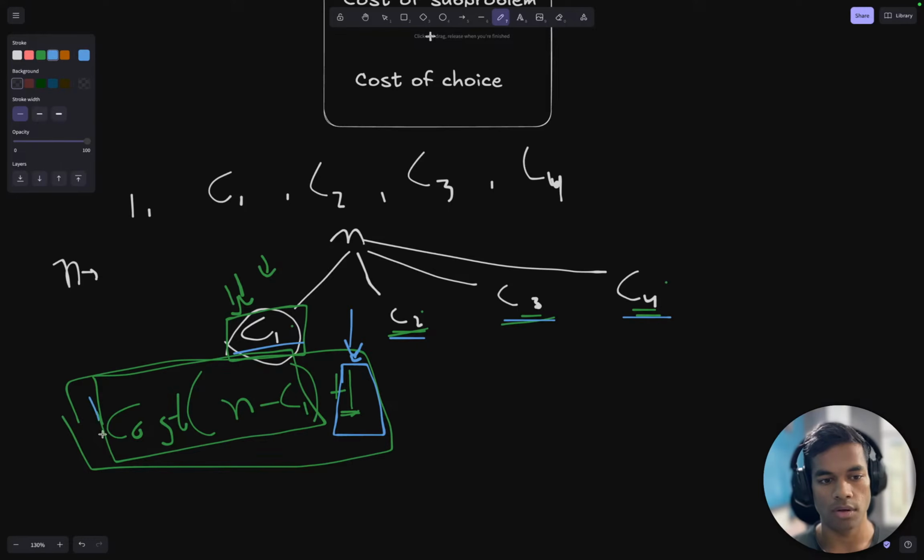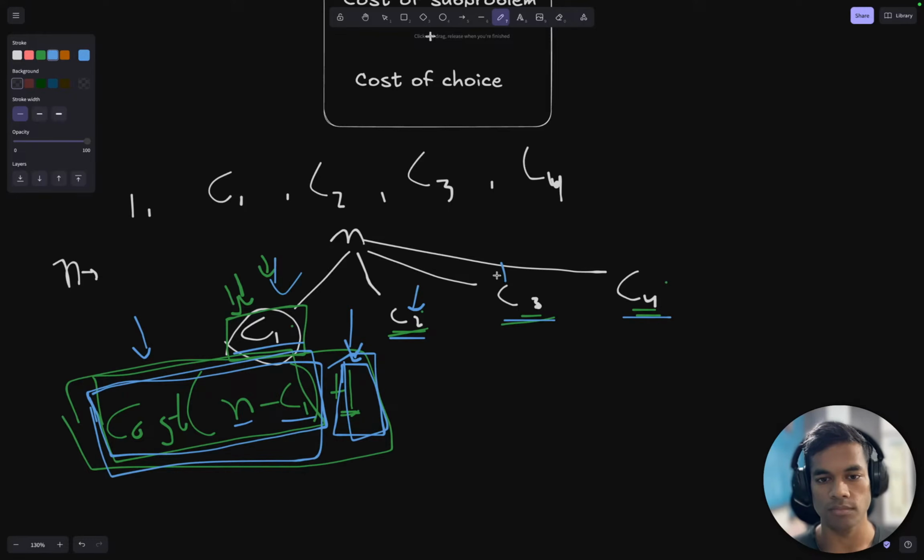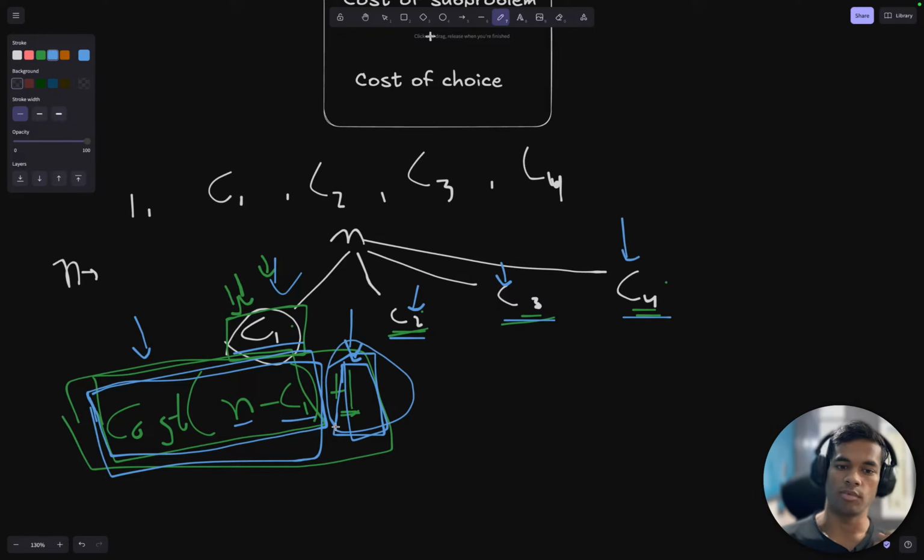So the number of coins to get to a sum of n minus Ci, plus one coin, which we just chose. In this case, the cost attributed to the choice itself is the same.